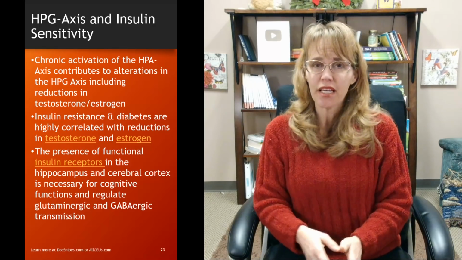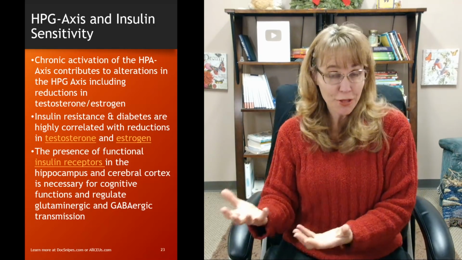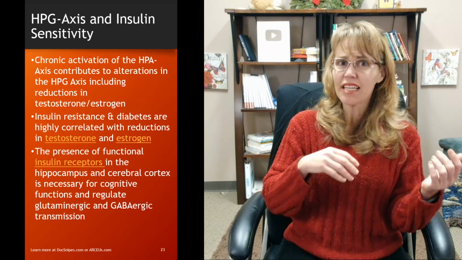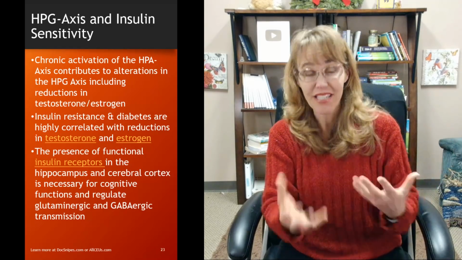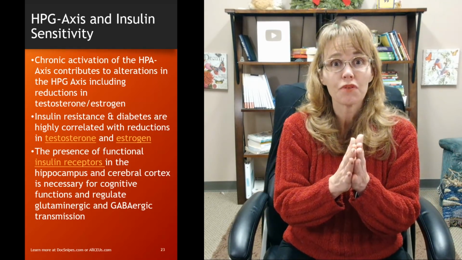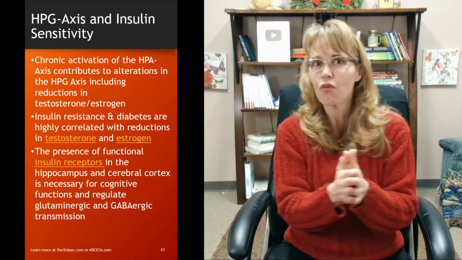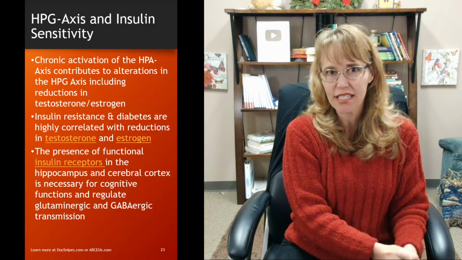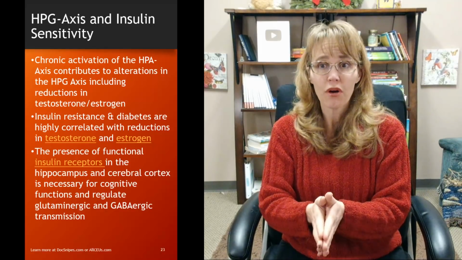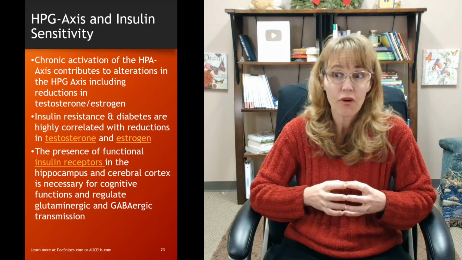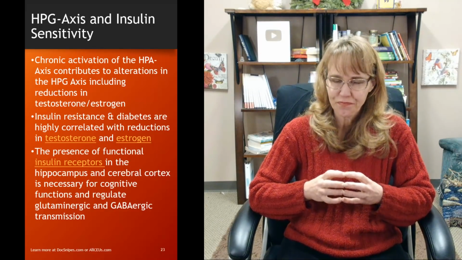Just like the body becomes tolerant to alcohol or tolerant to cortisol, it's going to become tolerant or resistant to insulin. So we see the same sort of process at work here. People under chronic stress tend to develop more insulin resistance, and some can go on to develop diabetes.